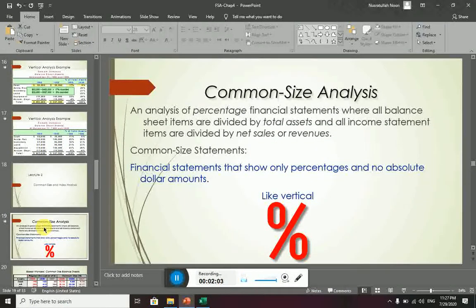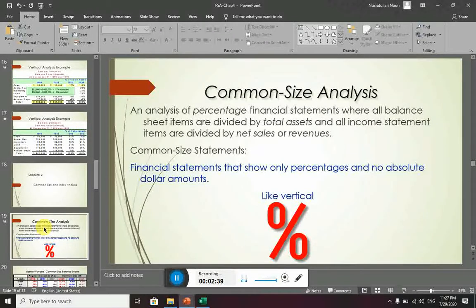The method of common size analysis is like vertical analysis. When we did vertical analysis, we used to use the comparative income statement or comparative balance sheet, and then we found the percentage of the numbers.